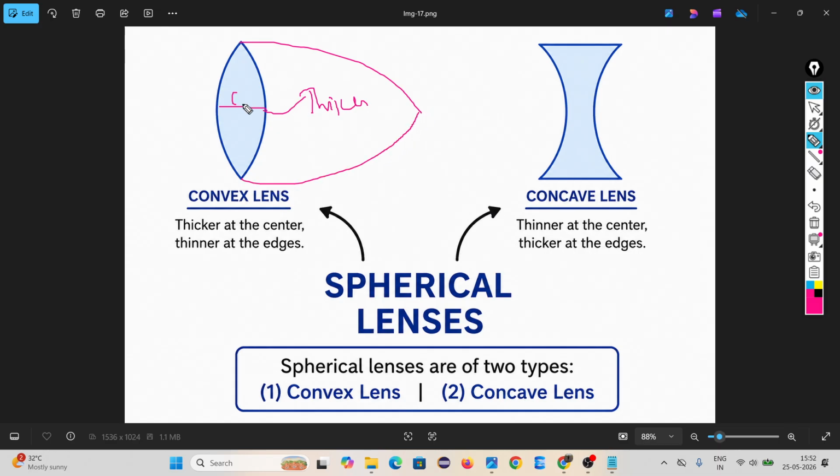This is called the edges; at the edges it is thinner. The spherical lenses in which the center is thicker and the edges are thinner are called convex lenses. And the spherical lenses in which the center is thinner and the edges are thicker are called concave lenses.